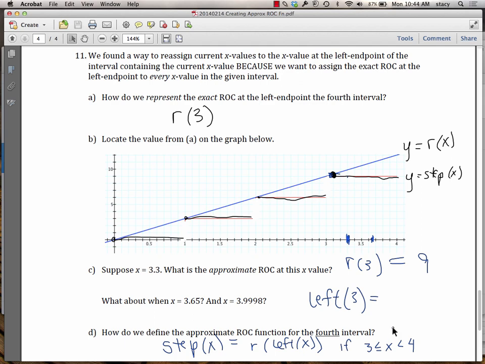Okay, what are you guys debating between? What are our choices? So I think we were debating whether 3 is less than or equal to x, and then less than 4, or is it 3 less than x less than or equal to 4?